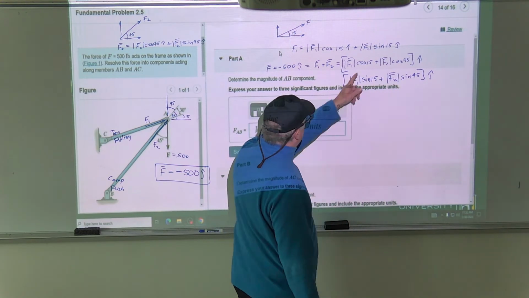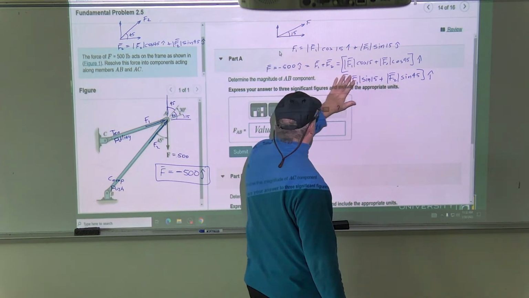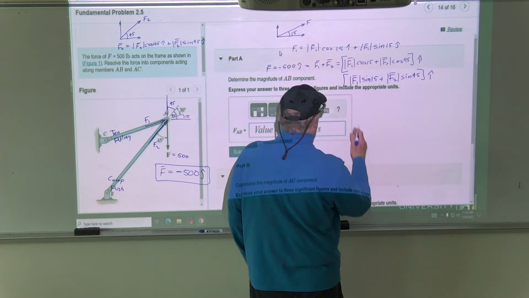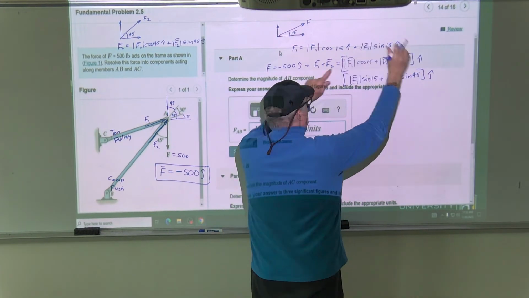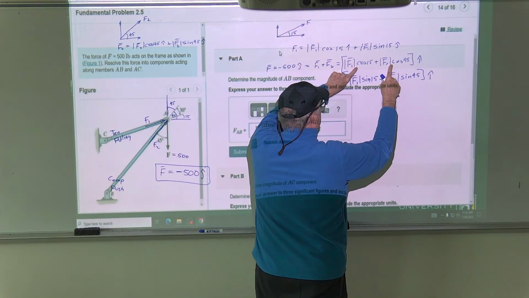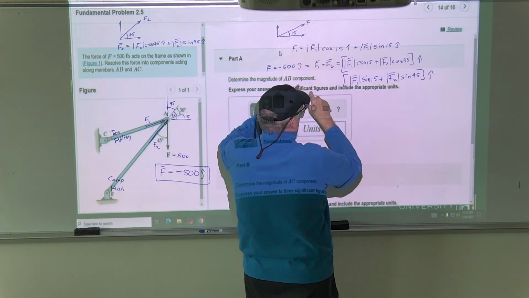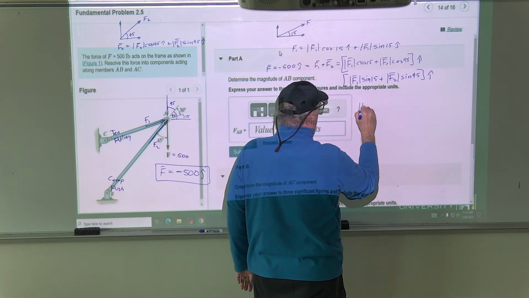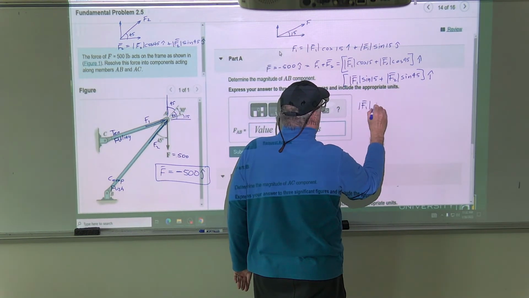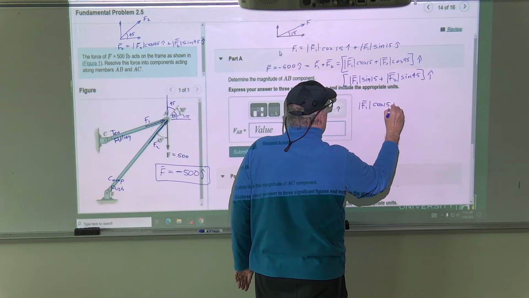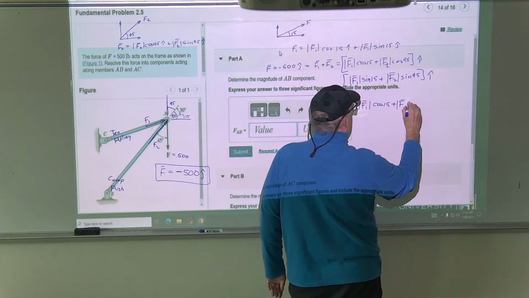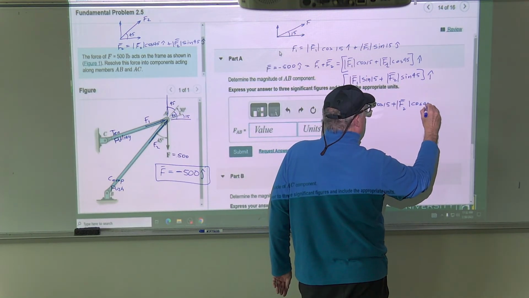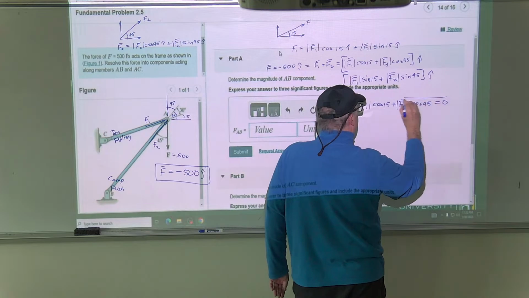Now, if I look at this component, on the right-hand side you see a number times I, and you don't see that over here. So that implies that F1 cosine of 15 plus F2 cosine of 45 has to be equal to 0.